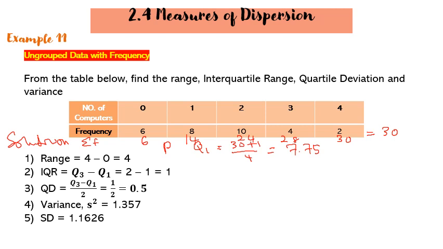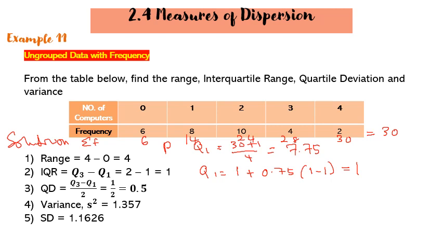So 7.75 falls here in the cumulative frequency. So the value of Q1 is 1 plus 0.75 times (1 minus 1), we get 1.